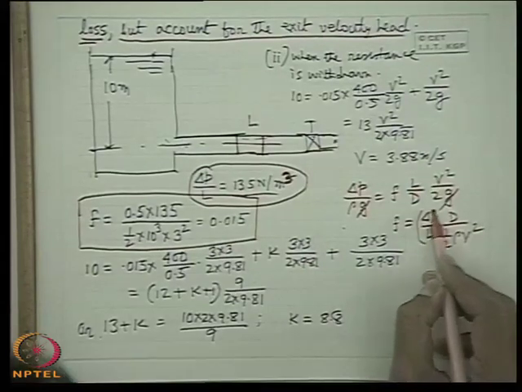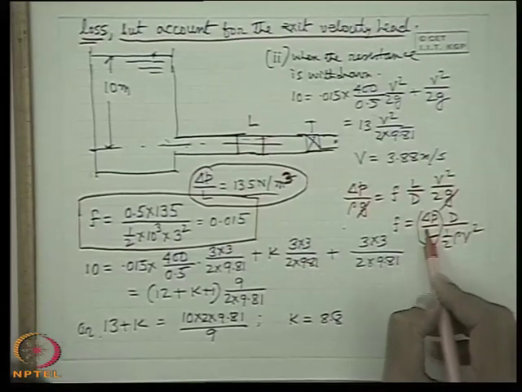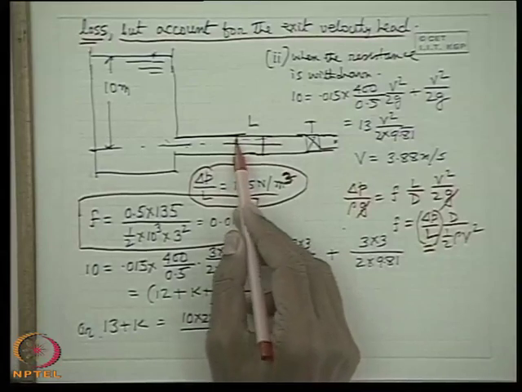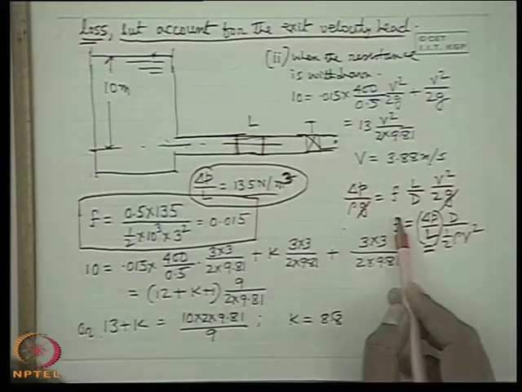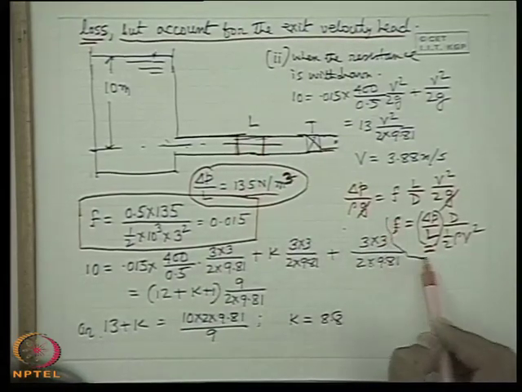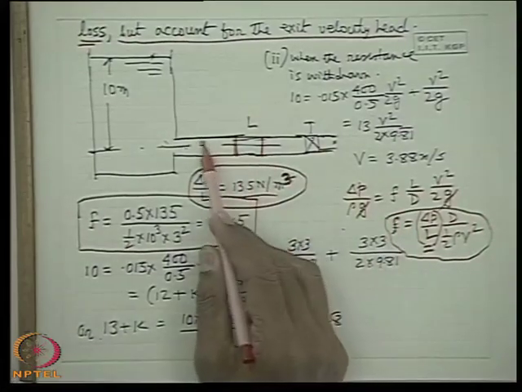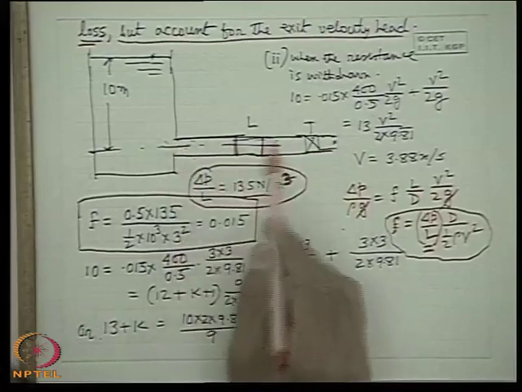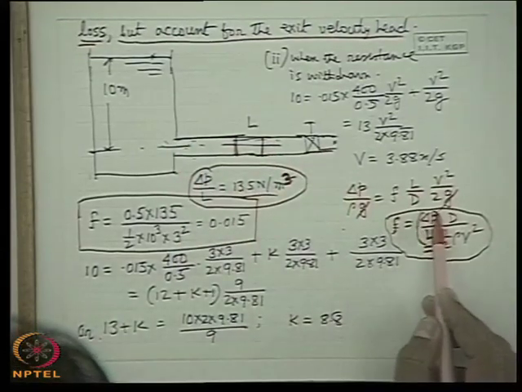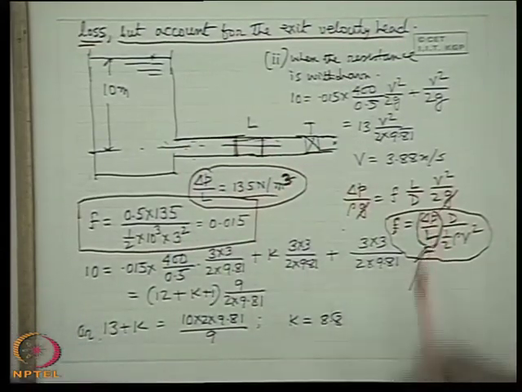That means if I know delta P by L, the pressure drop per unit length, then for any length, wherever I apply it midway in the pipe, I can find the friction factor simply by this formula, if the delta P by L value is known.